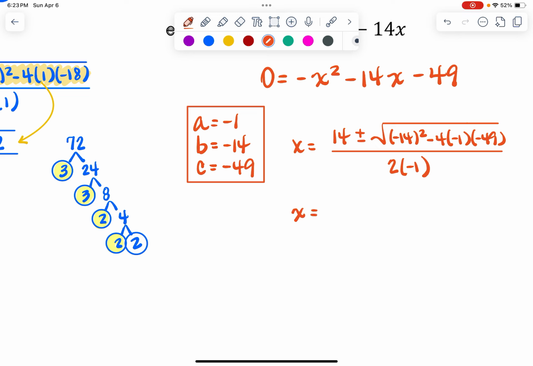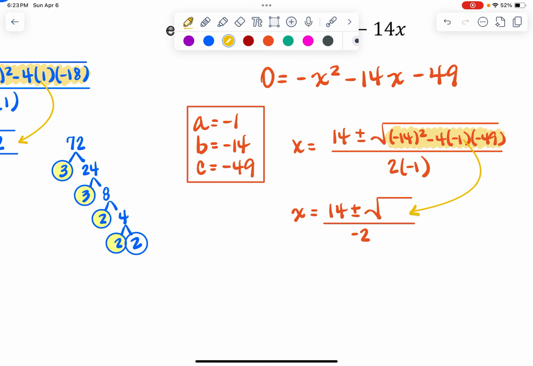I feel like a broken record. It's the same steps over and over again just to simplify this mess. So I'm going to write my little template here. Bring down, obviously 2 times -1 is -2. So what I want to do is snag my calculator and type in this discriminant to see what number I get underneath that radical.